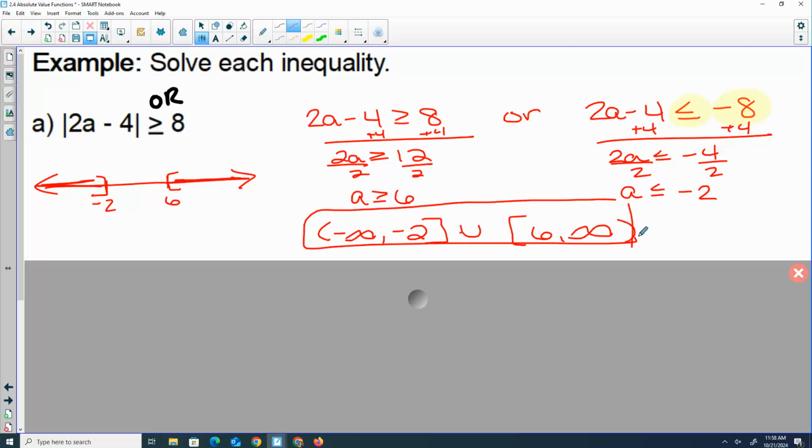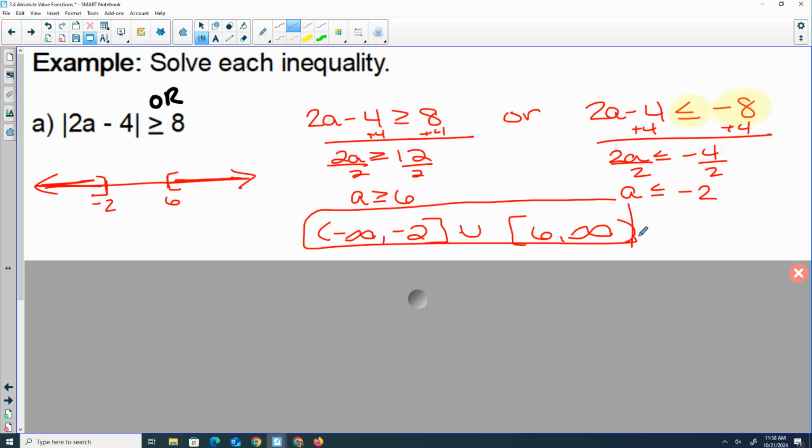When you have an or statement, your answer is going to look like this. It'll be negative infinity to a number, union, the number, to infinity. You're going to have two separate pieces. When we have an and, we're just going to have a starting and a stopping point because it's only one piece. It has to meet both requirements, so it's just in between two numbers.